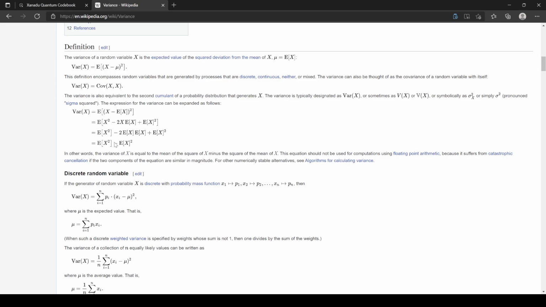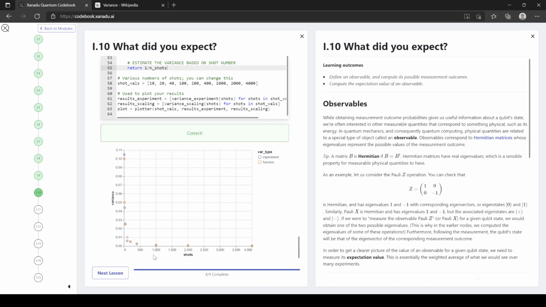Well, it is, at an infinite number of shots, because our shots representation isn't perfect. So there we go.